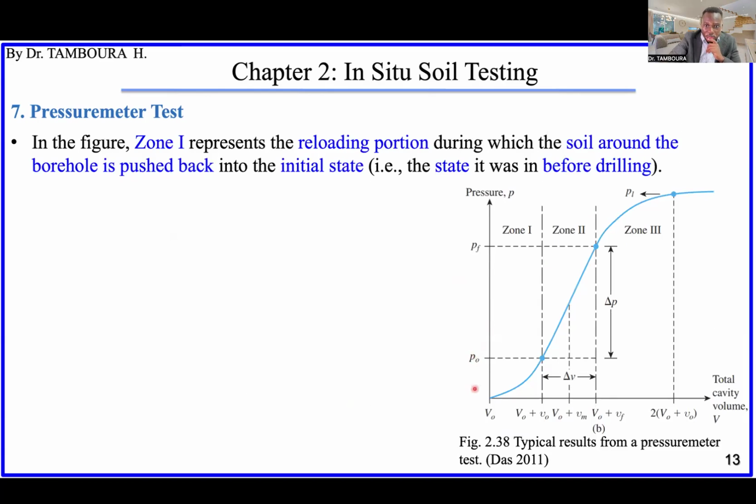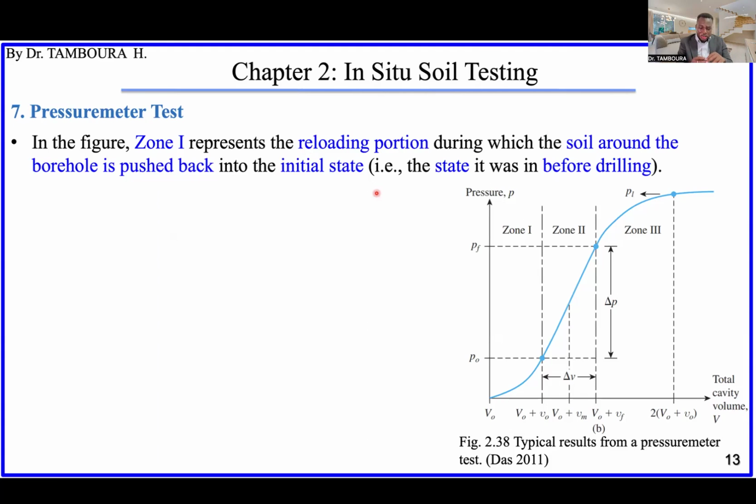So this first zone represents the reloading portion, during which the soil around the borehole is pushed back to its initial state. Because when you make a boring, sometimes soil will collapse in the borehole, right?